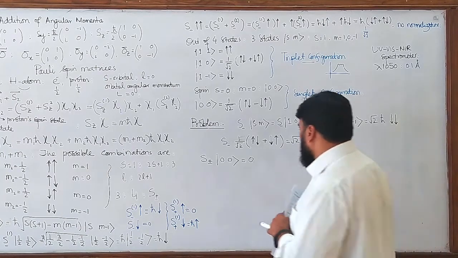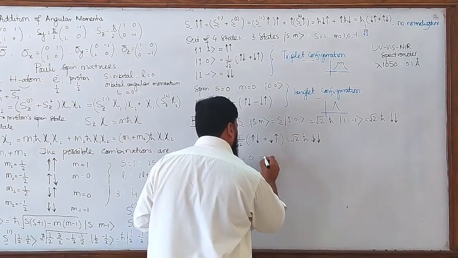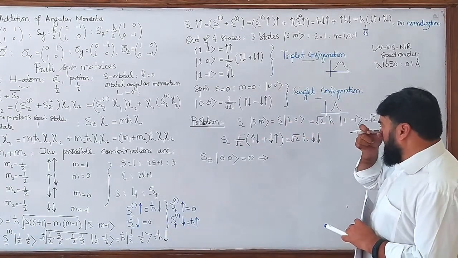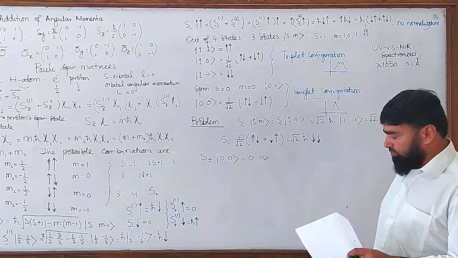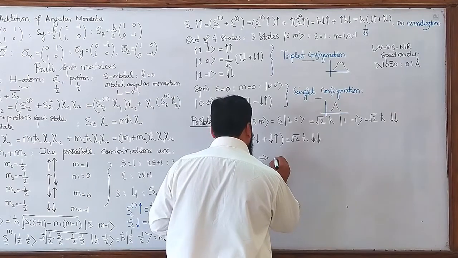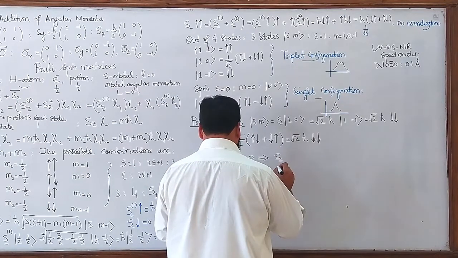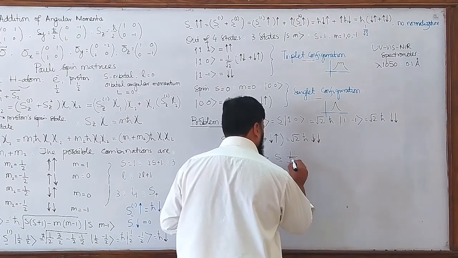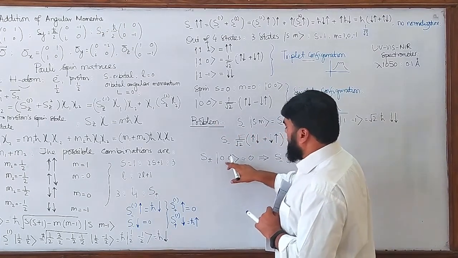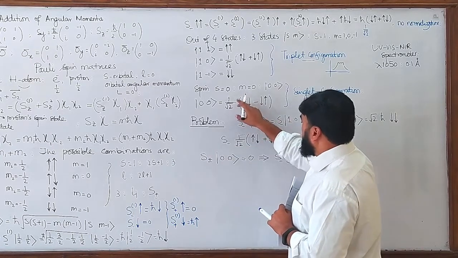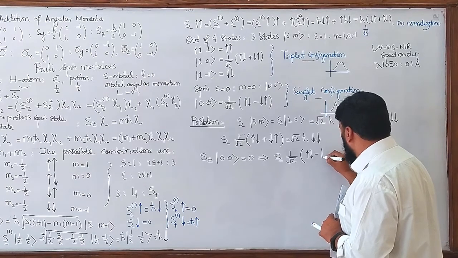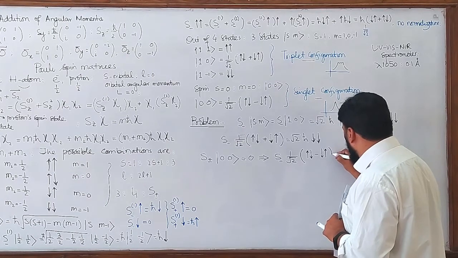So write, this implies that S minus, I am solving this part of the problem. This one we did. So now we are doing this one. So S minus on 0, 0, this state. It is 1 over square root 2 times up down minus down up.